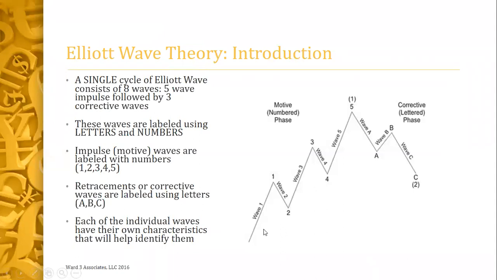So basically, if you understand the characteristics of, let's say, wave 5, then you're going to understand that the market is going to enter a retracement. So you'll be looking to position to sell up here.